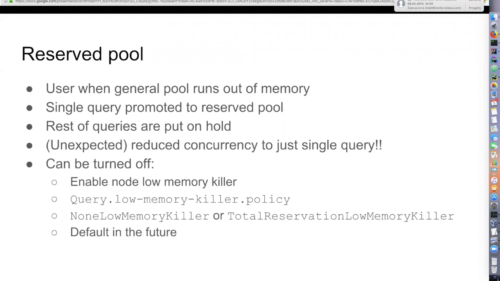Okay, makes sense. I think it's Piotr from here. I think this still has its applications. When you don't really care about concurrency and you run single one-time ETL jobs, the fact that you are using ReservePool is not a problem, and you may get away without configuring your Presto cluster carefully. The low memory killer is really useful for concurrent use cases, as Dan said.